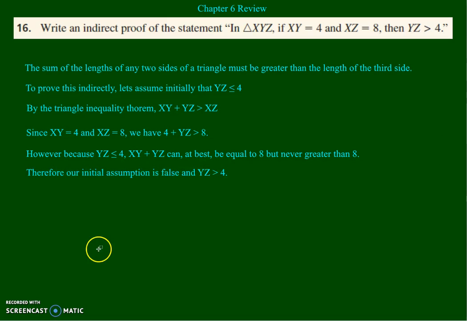And therefore, we have to conclude that our initial assumption was false, and YZ must be greater than 4, thereby proving this statement that we had to prove using an indirect proof. And now on to problem 17.